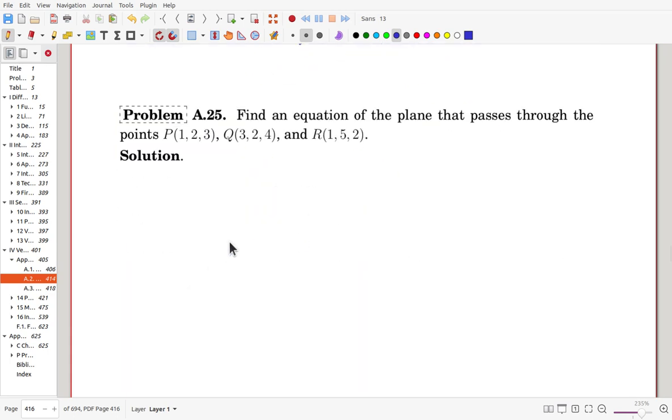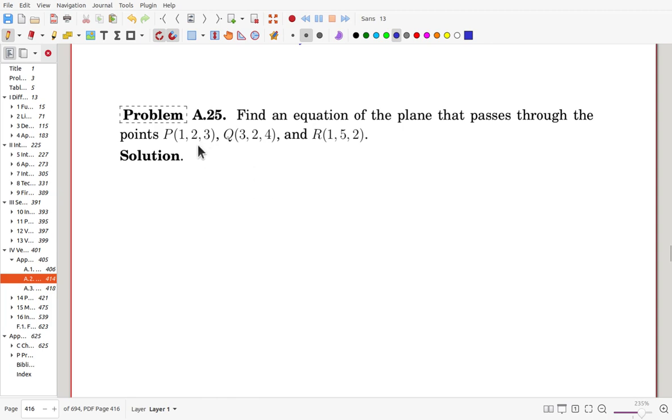Find an equation of the plane that passes through the 3 points. So in this problem, rather than a point and a normal vector, these two being the major ingredients for planes, now 3 points are given.